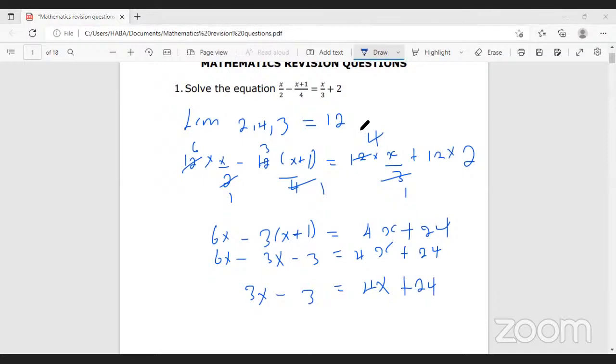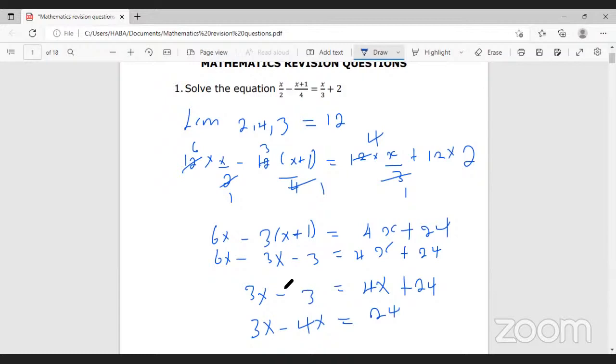Yes, we collect like terms. We are going to bring the 4x to the left-hand side, so we shall have 3x minus 4x, and then negative 24, negative 3.